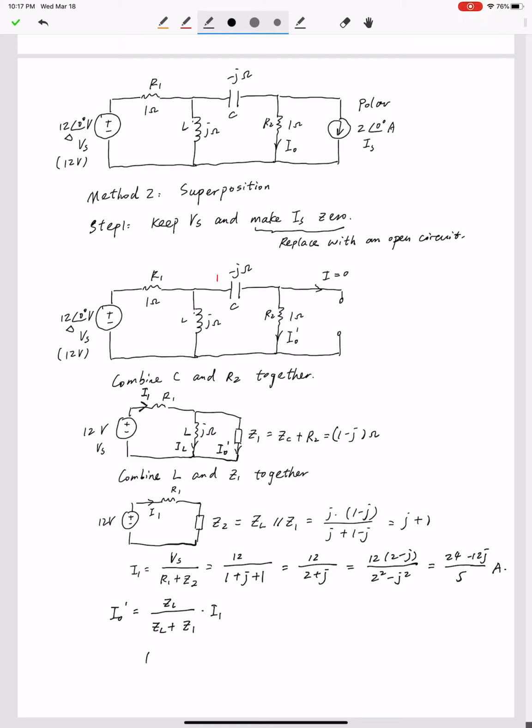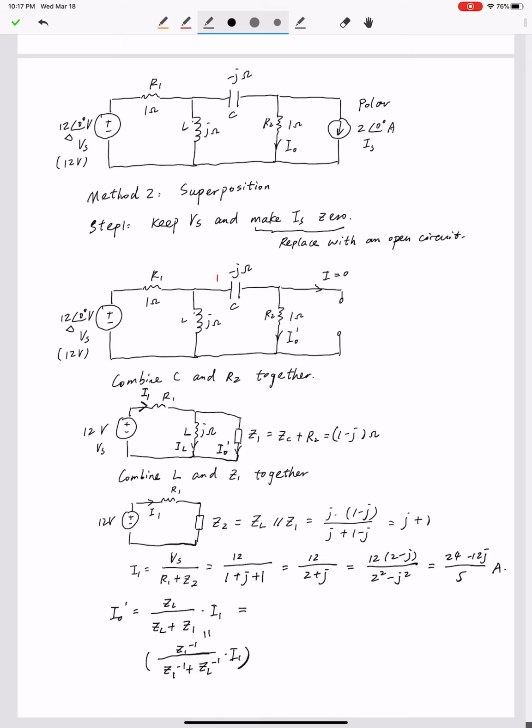Or you can also use the general equation, which is Z1 to the power of minus 1 divided by Z1 to the power of minus 1 plus ZL to the power of minus 1 times I1. And this equation is equivalent to the above one.